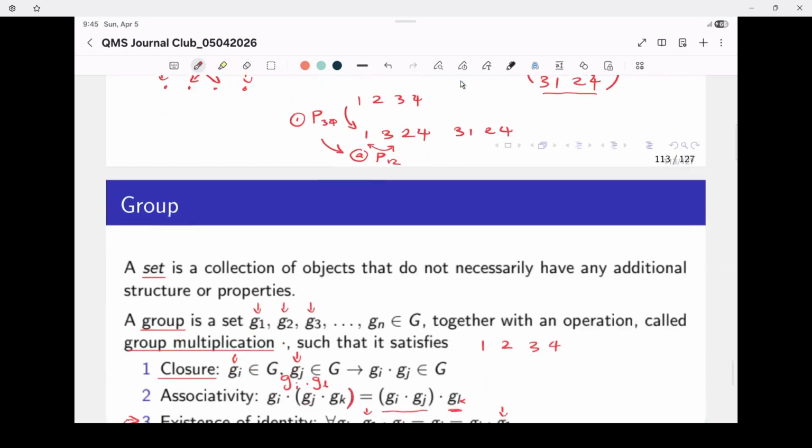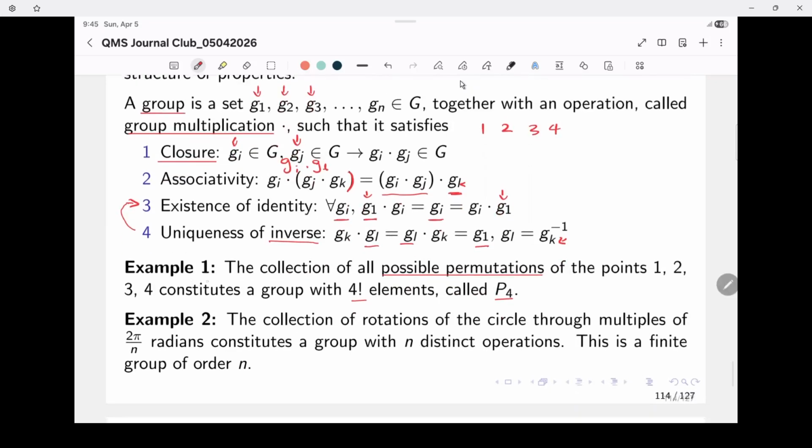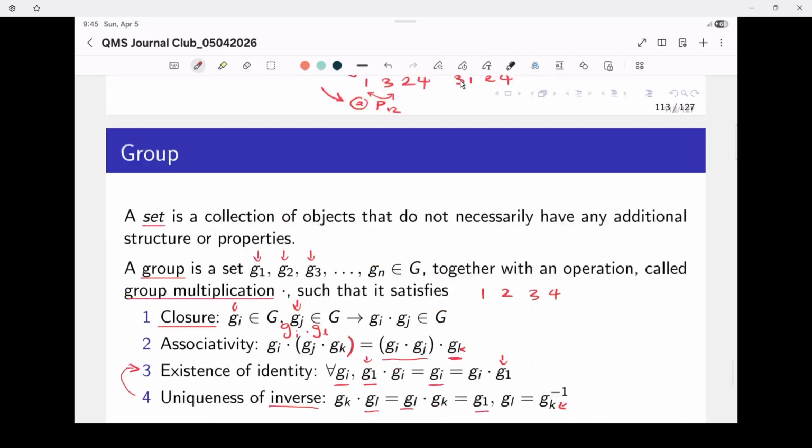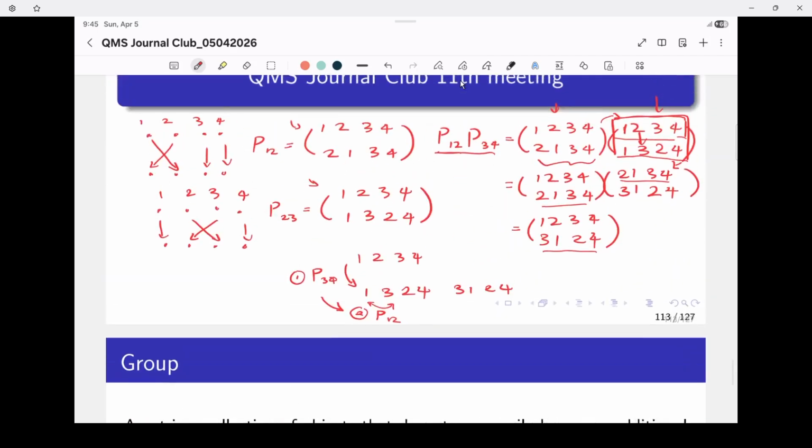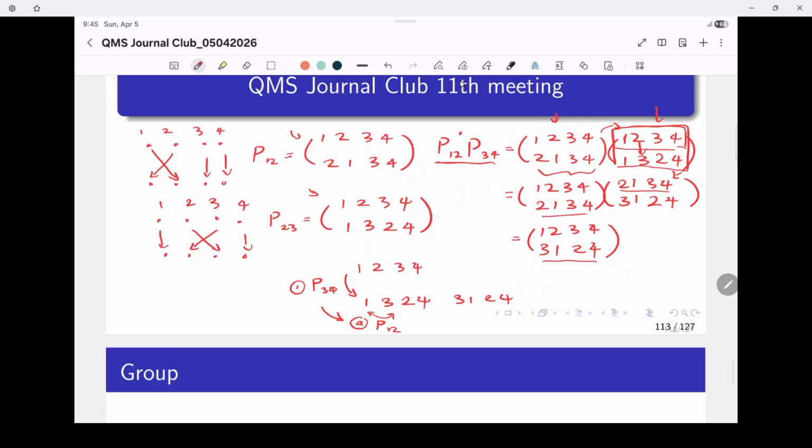So coming back to this example 1. So basically P4 is a group with all the possible permutations, and the way you define your group multiplication is very much defined. This is the way you should define your group multiplication.